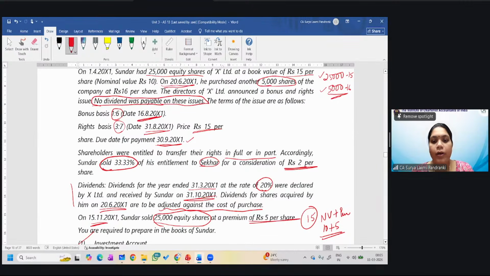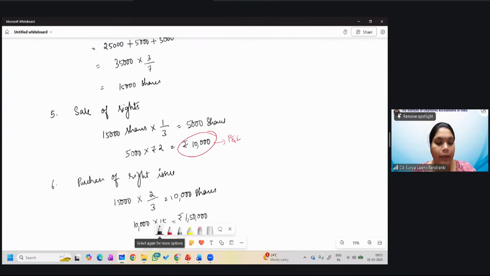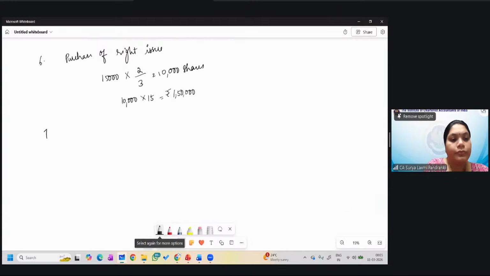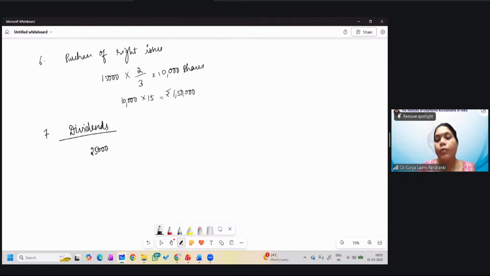Right, next one. So bonus is done, rights is done, and the next part of selling or transferring the rights also is done. Next is dividends, right? This dividend was paid on 31st October, correct? Let us calculate that first. We already had a balance of 25,000 shares.